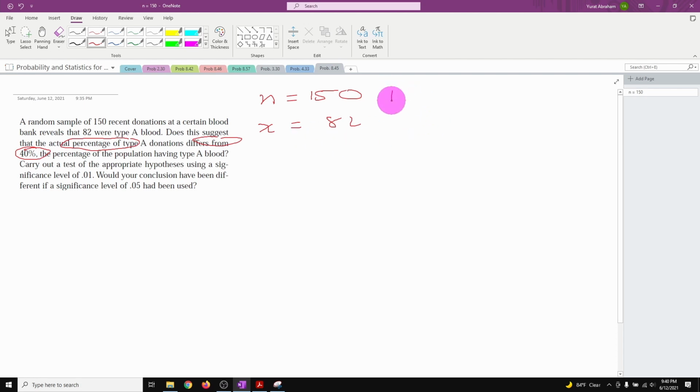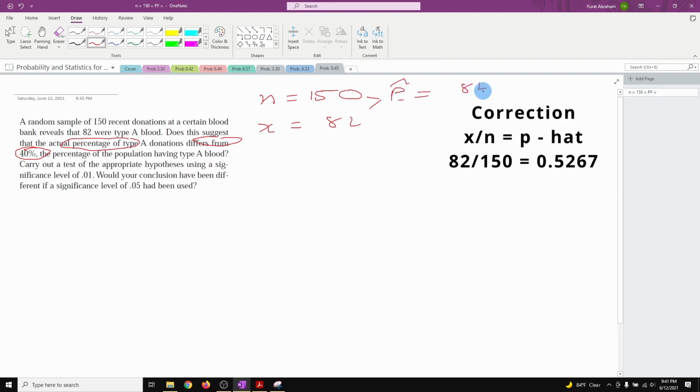So let's go ahead and write P equals, or P naught. Actually, no, it's not P naught, sorry. This will be just P hat, and this will be 82 over 100.